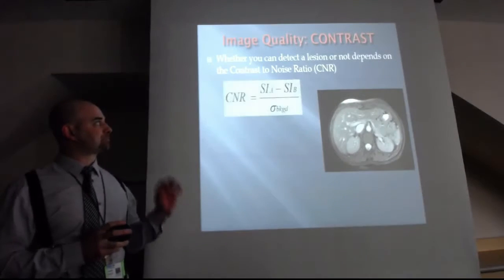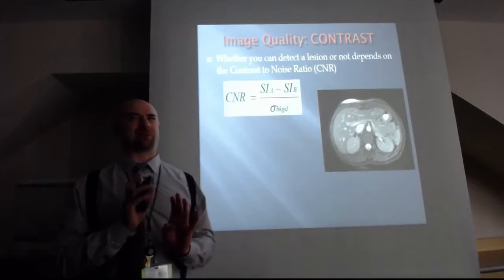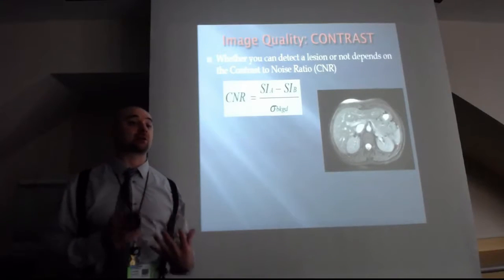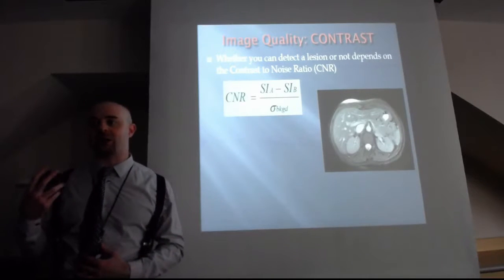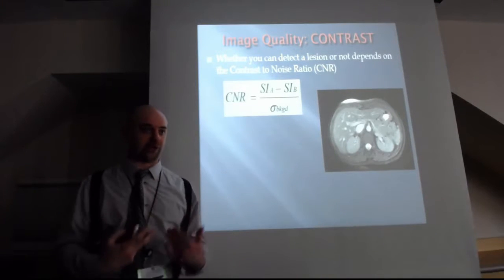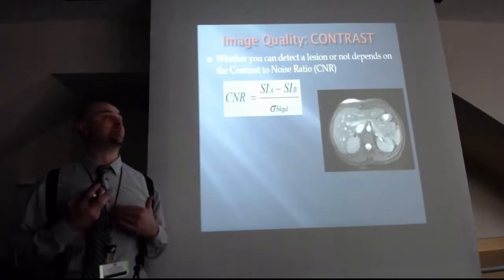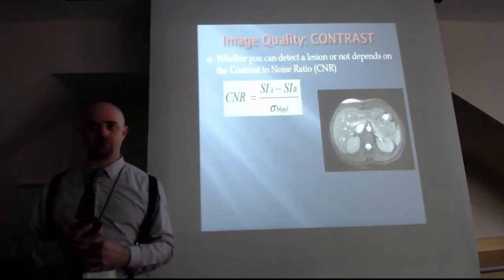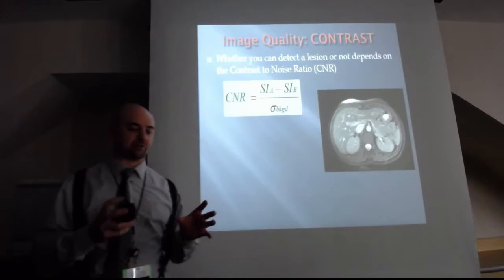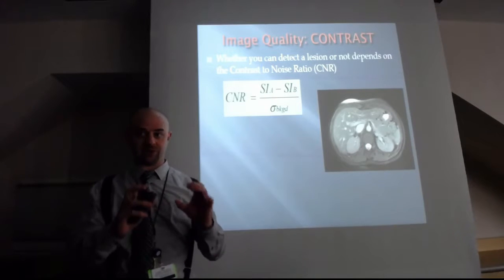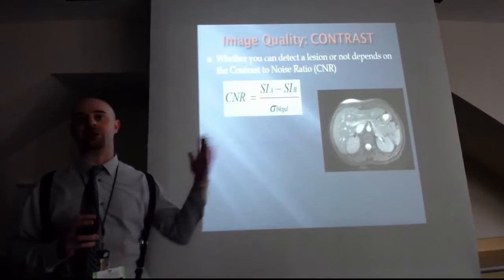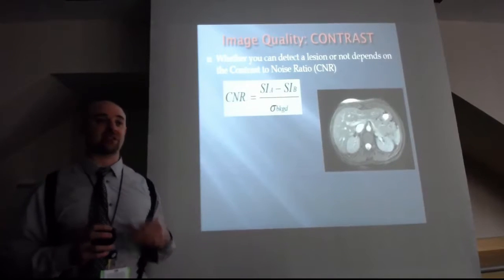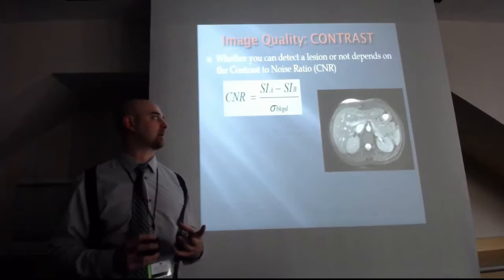Okay, but let's talk about something that's a little more important to our actual practice, which is the contrast to noise ratio. Because whether or not you can see a lesion when you're reading a CAT scan or reading an MRI depends on the contrast to noise ratio. Now the contrast is just basically the signal difference in two things divided by the noise, which again we're going to pretend is the standard deviation of a uniform background.